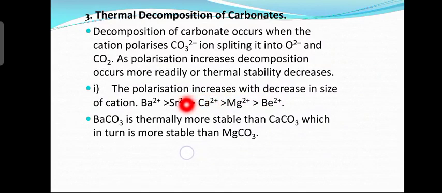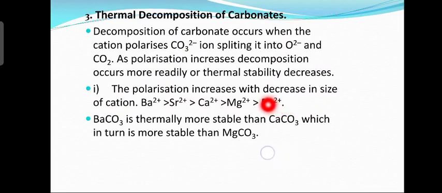Polarization increases with the decrease in size of the cation. What is the order among alkali and alkaline earth metals? One example is given: barium 2 plus is at the bottom, next strontium, next calcium, next magnesium, and the uppermost element in the periodic table is beryllium.